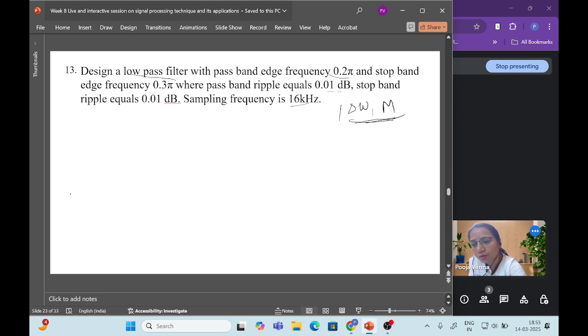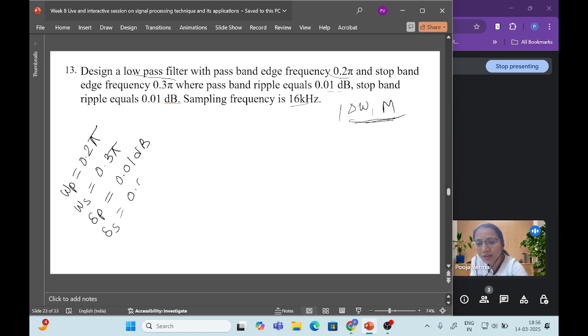So here omega p, that is the pass band edge frequency, is given as 0.2 pi, right? Omega s, that is the stop band edge frequency, is given as 0.3 pi, and the pass band ripple, that is del p, is given as 0.01 dB, and the stop band ripple is also given as 0.01 dB, right?